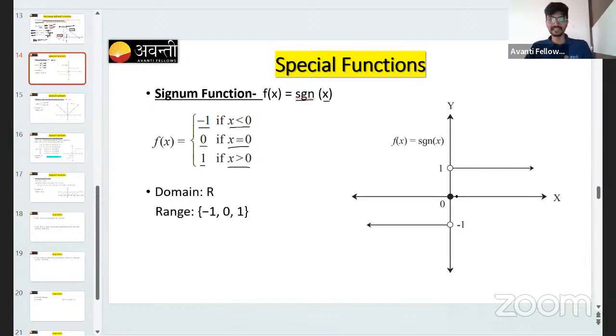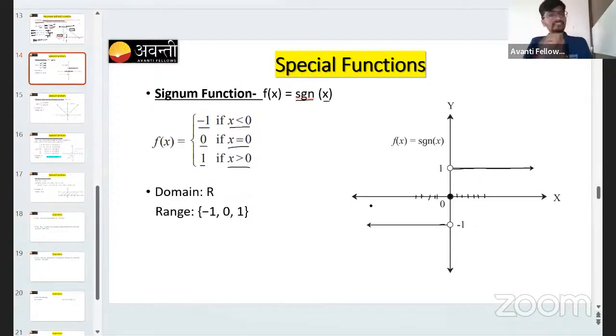For x greater than 0, the function is always equal to 1, with the point not included. When x equals 0, the value is 0. See, a solid circle means the value is included. And when x is less than 0, on the left hand side of the x-axis, the value is -1.